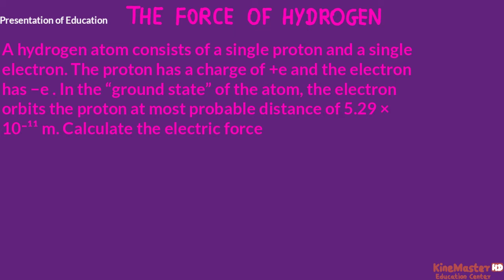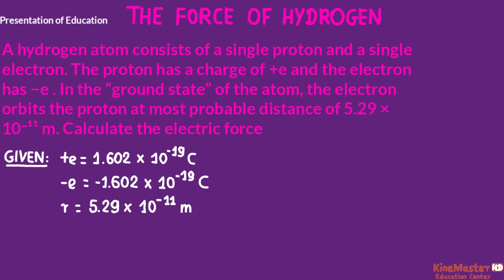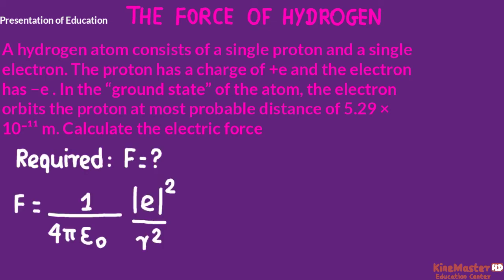Now calculate the electric force. Here it is given with the positive and negative charges, and the radius of the distance is given. What is required is the electric force. Let's check the formula. Now calculate by using the formula and indicate which quantities are given here.